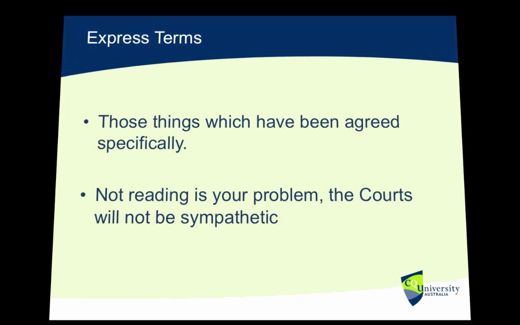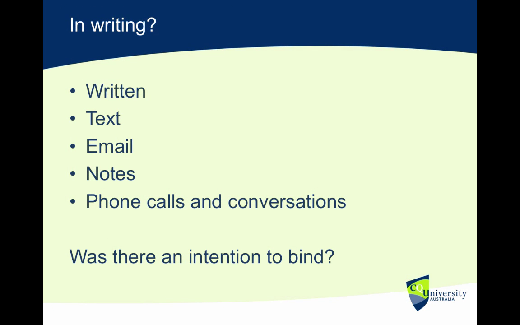Now, I mentioned, I'll just go back a slide, I mentioned before things in writing, texts, emails, etc. One point that needs to be made is that not every pre-contract discussion is going to throw up something where it's objectively able to be said that, well, the parties must have thought that that was going to be part of the contract. So, in other words, was it a promise that the parties should feel that they are bound to?